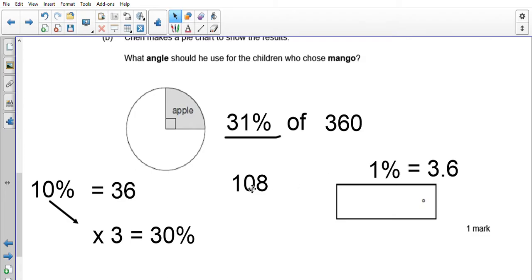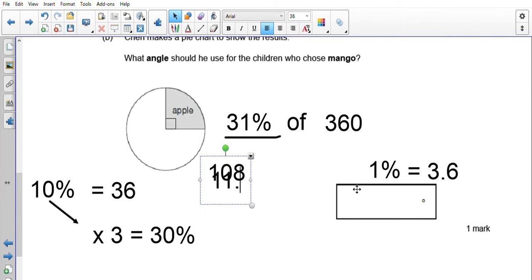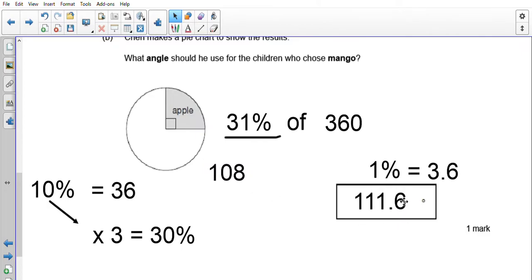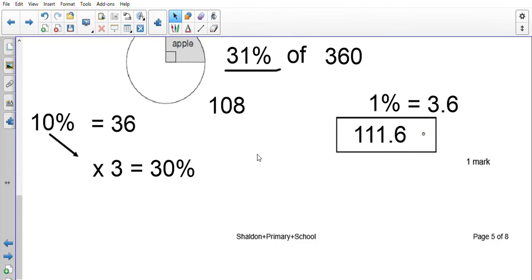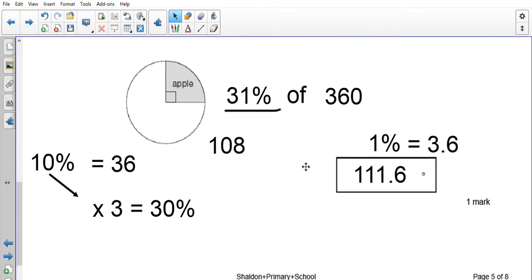So now I have 108, which was my 30%, and I have 3.6, which is my 1%. If I put 30% with 1%, I'm going to wind up with 31%. So 108 plus 3.6 is 111.6 degrees. Okay, 108 plus 3 is 111. 111 plus 0.6 is 111.6. They would also allow you to round it up for that one to get 112 for the mark, but let's be precise with this.